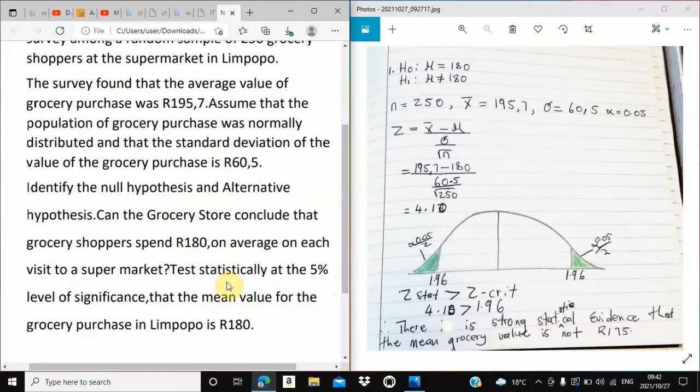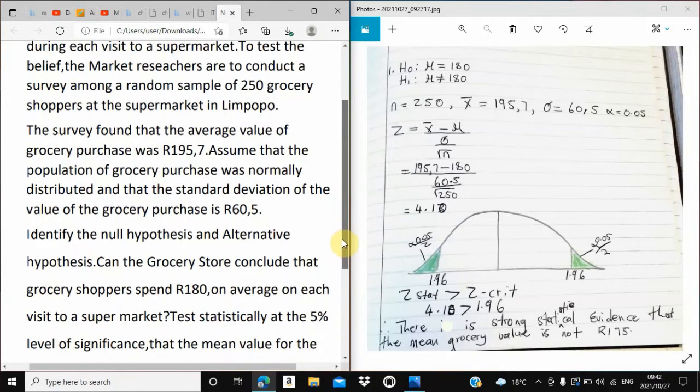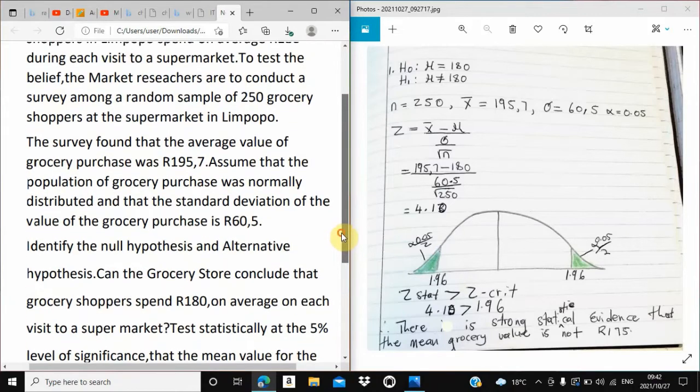Don't forget that we said the null hypothesis always tests the population parameters, not the sample statistic. That's why here one of the parameters that we must test is the mean value of the grocery purchase in Limpopo, which is 108. So now let's identify the null hypothesis and the alternative hypothesis.